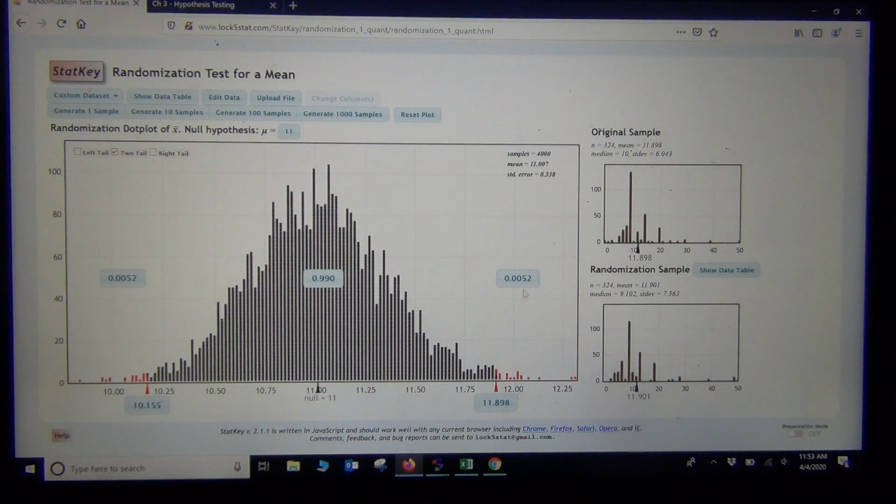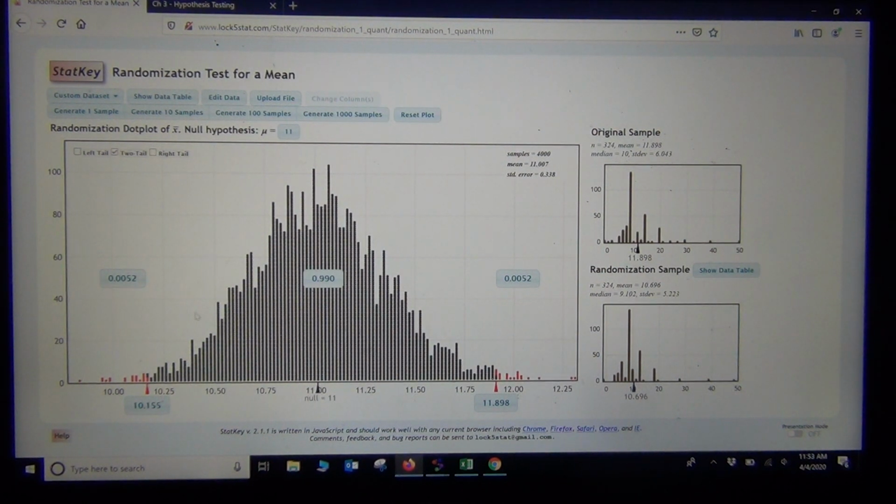And there we go. So we have our tail percentages. Notice there's two tail percentages, 0.0052 and 0.0052. Again, there is sampling variability involved, so the numbers I'm showing you in this simulation won't be exactly the same as what you get when you do a simulation. My random samples are not the same as your random samples. That's the principle of sampling variability.